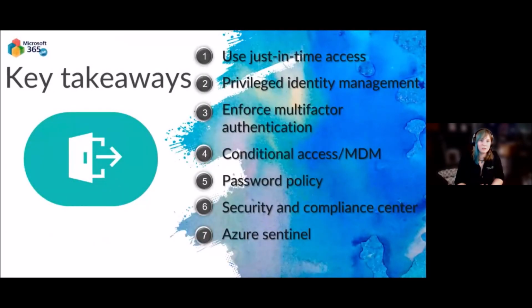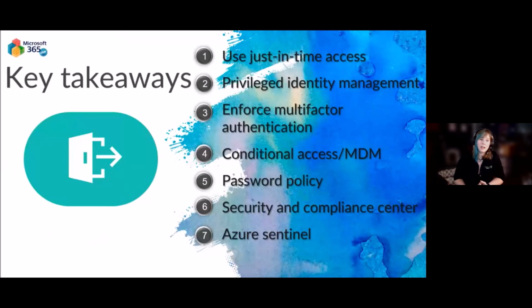And that takes us to the key takeaways. Just-in-time access is something that you're able to do in most organizations. Instead of applying those administrative credentials, that's what I'd recommend. The privileged identity management within that. Enforcing your multi-factor authentication, given that you're able to do that within your organization.